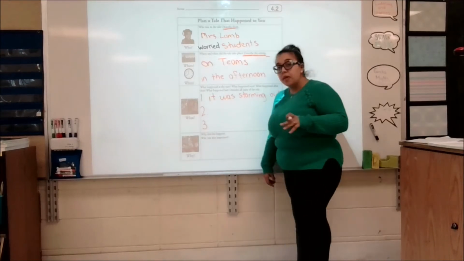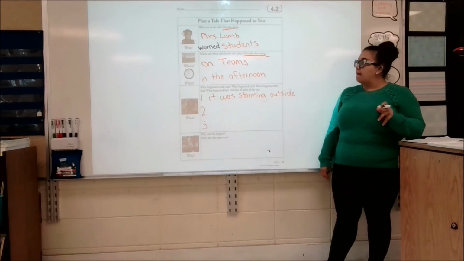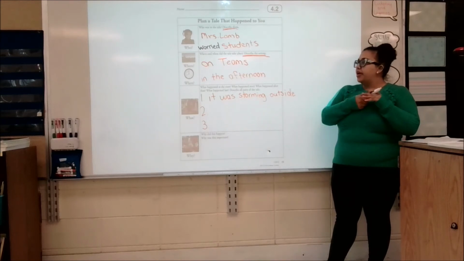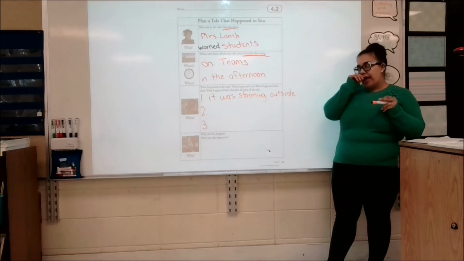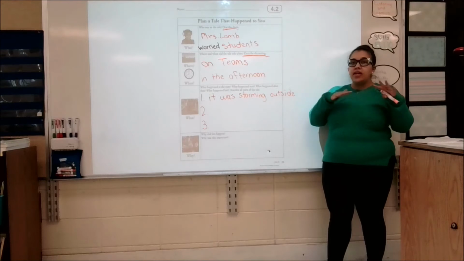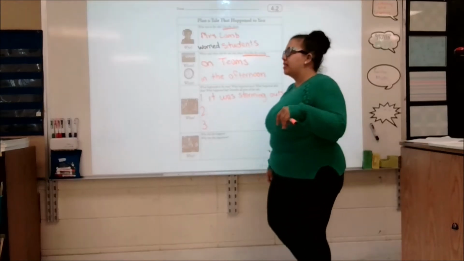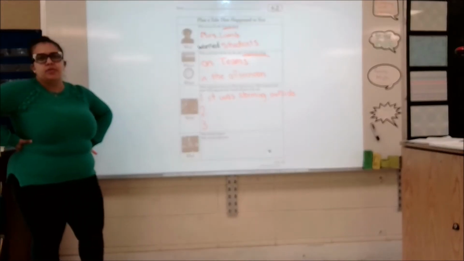And then point to the middle. So the next thing that would happen was, so what happened next? So it was storming outside. So we're already setting the tone that something could go awry. It was storming outside. It was kind of scary a little bit. It was dark. It was not so much fun.